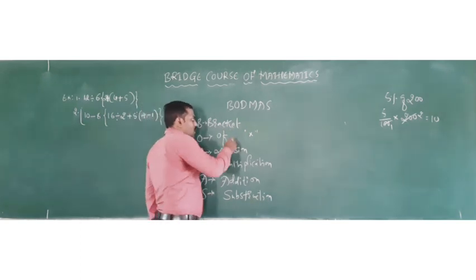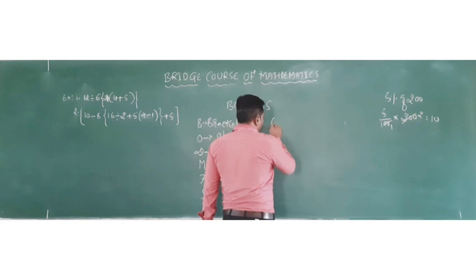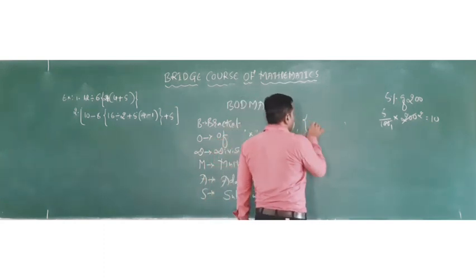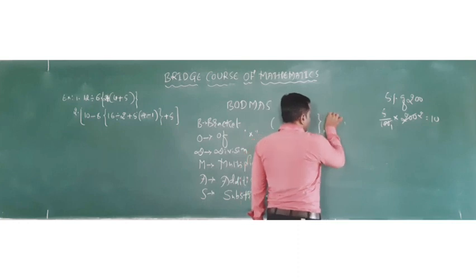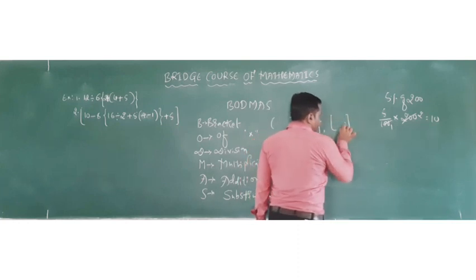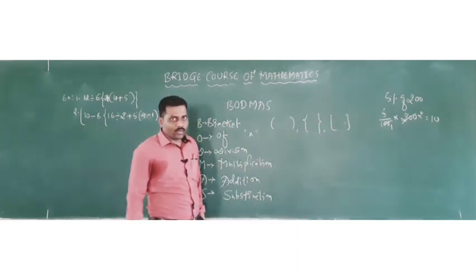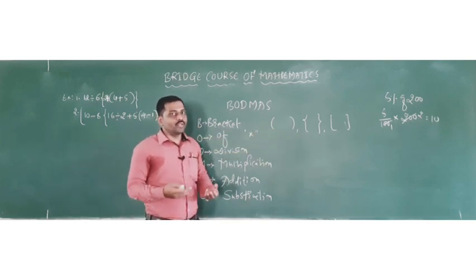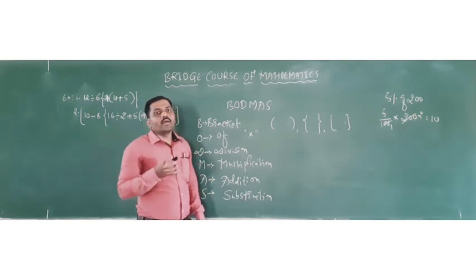What are the brackets? Round bracket, flower bracket, and finally square bracket. It is also very important when solving the example that you first remove the bracket.